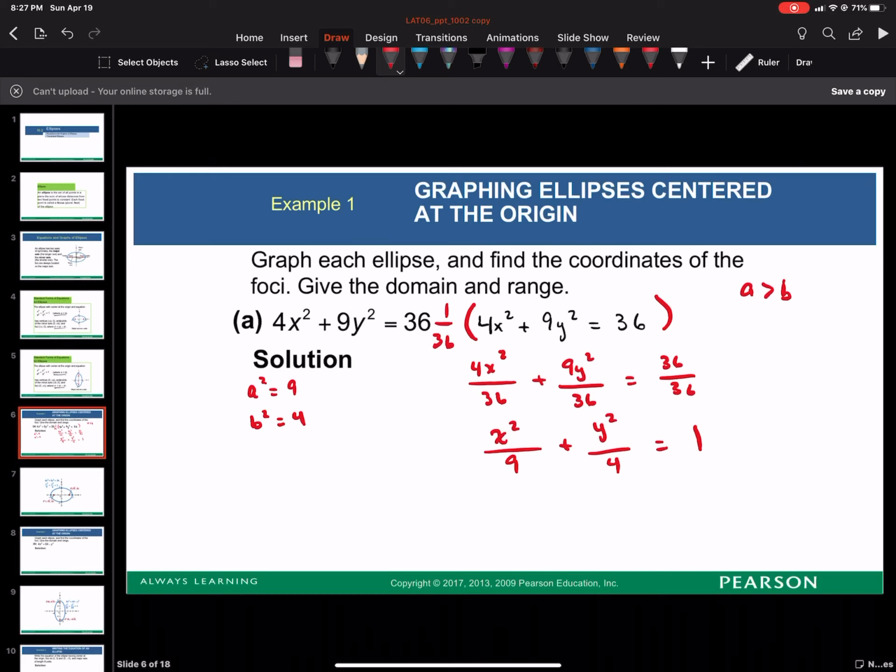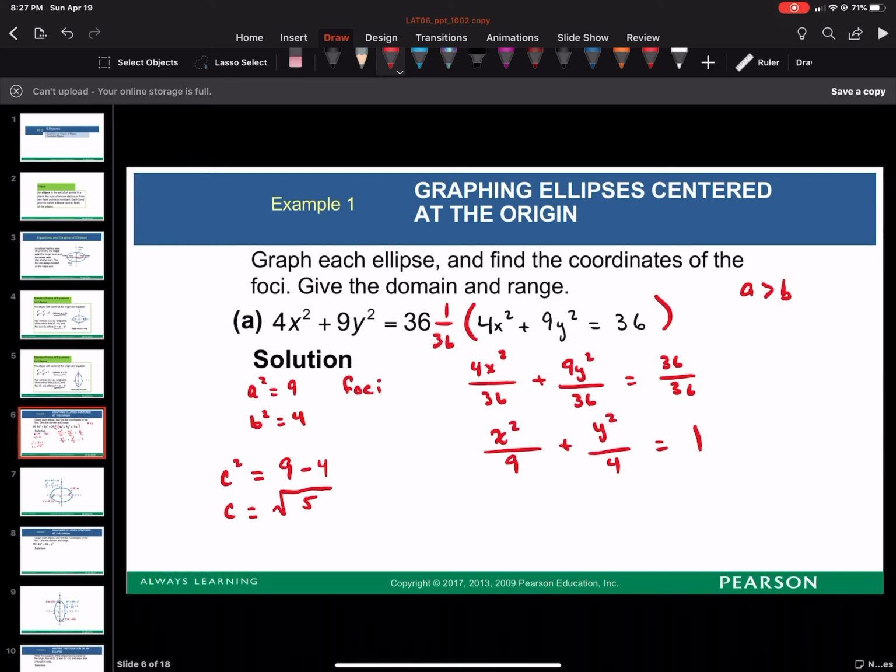Therefore, our major axis should be the x-axis and our minor axis should be the y-axis. If we're trying to find our foci, c squared is equal to 9 minus 4, so c is equal to the square root of 5.